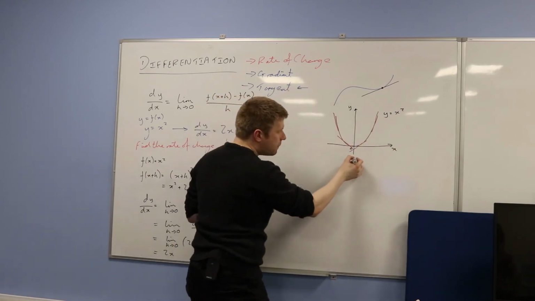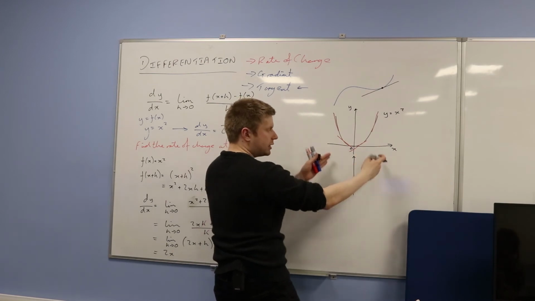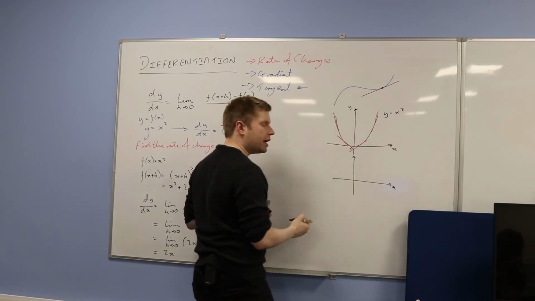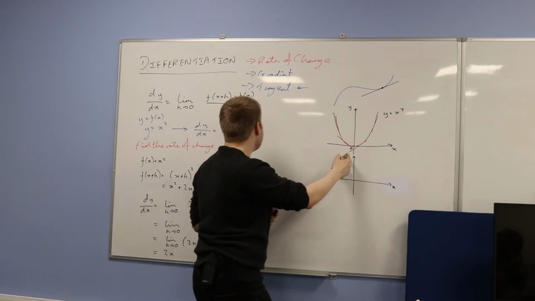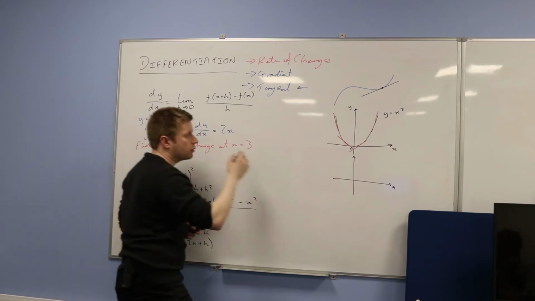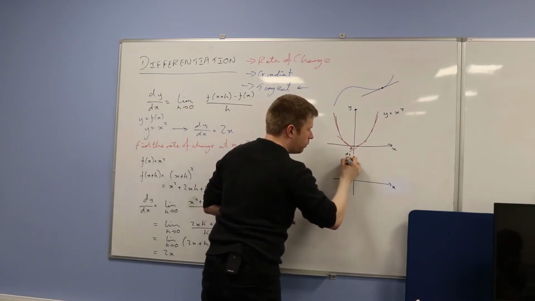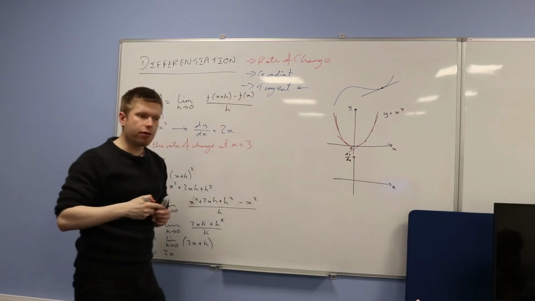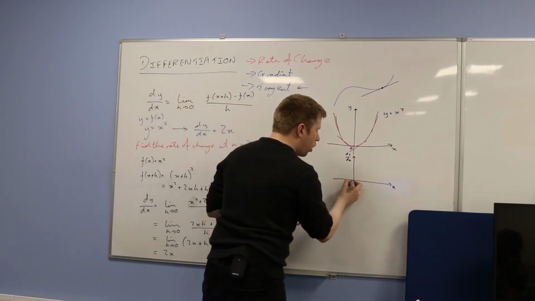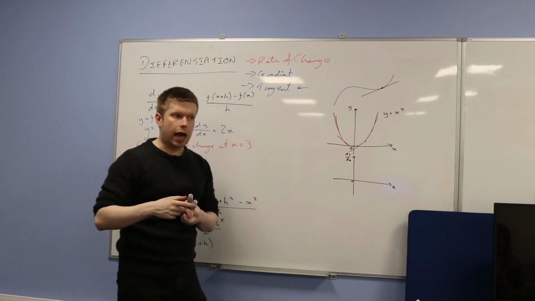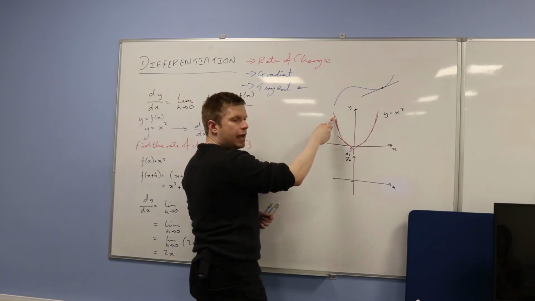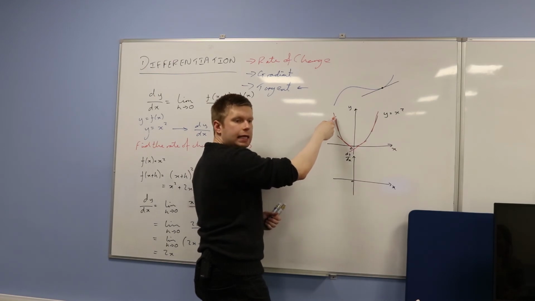Now, if I plot immediately underneath it, let's try and match up the same x values. What I'm going to plot here is not going to be y, it's going to be dy by dx. So let's have a think. What I'm going to draw in red is the value of my gradient at each x value. So this x value over here, let's start over here. Would you be happy it's really negative?